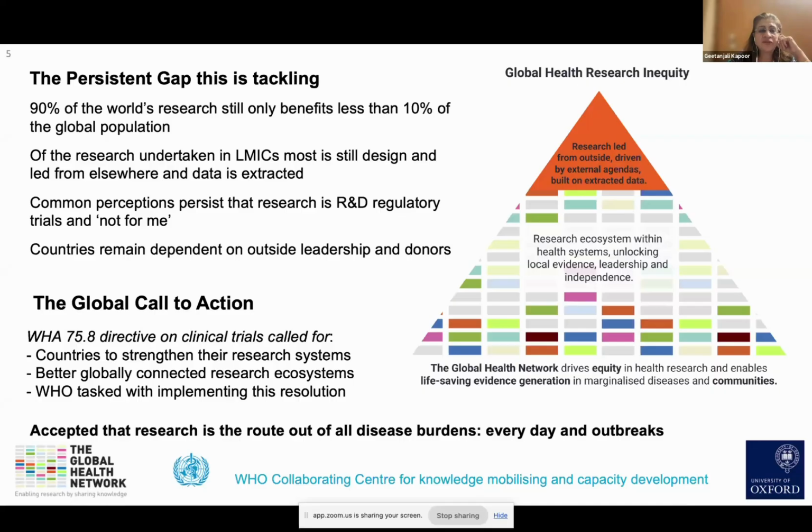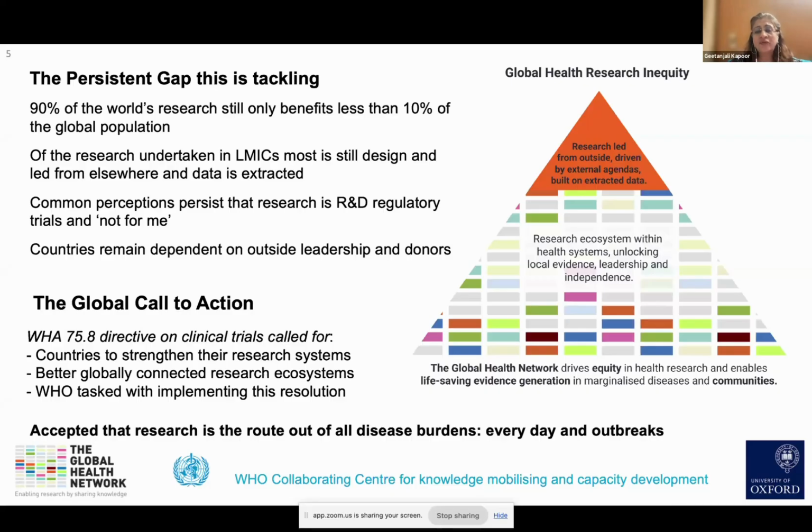So 90% of the world's research is basically only benefiting less than 10% of the global population. We know about this, and as you can see on this pyramid, most of the research is being led from outside. The data going into this research is extracted from low and middle income countries, but not really led by the researchers working there.